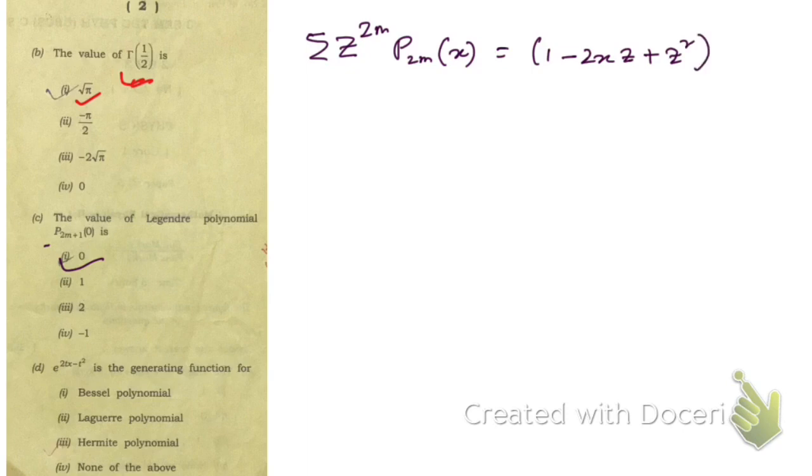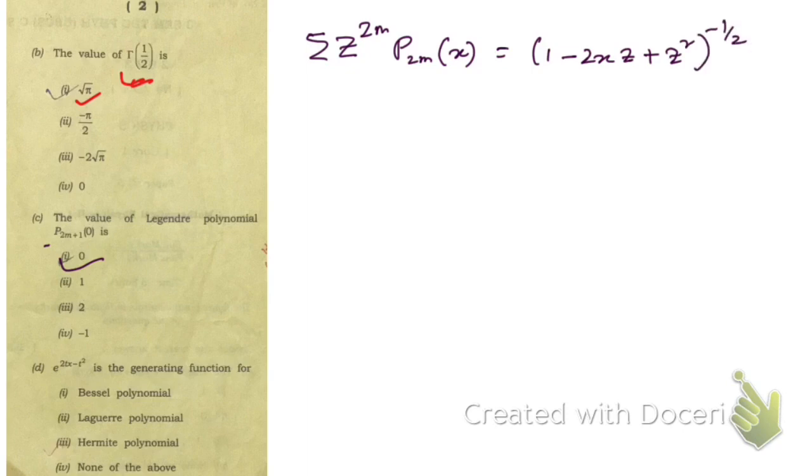If you have studied the special functions properly, then you must have seen that you can consider the summation of z to the power n times P of n. Instead of taking n, let me take m. P of 2m of x, we can consider this as 1 minus 2xz plus z square, whole to the power minus half.